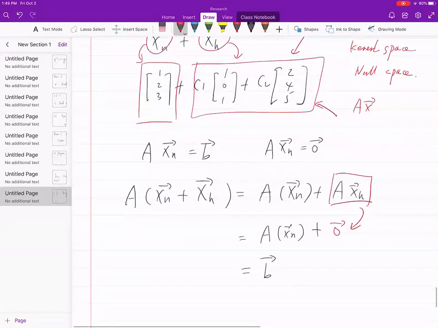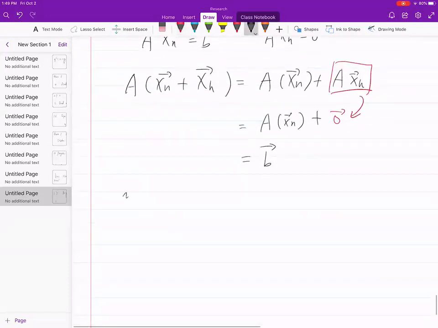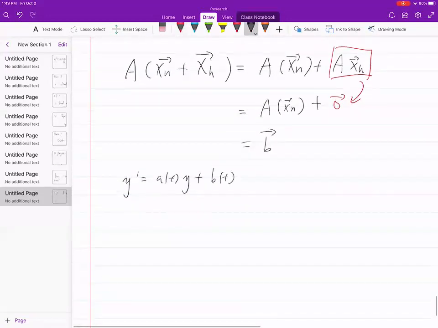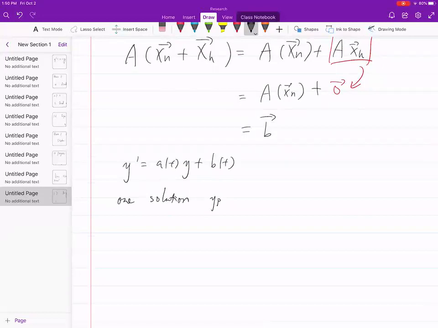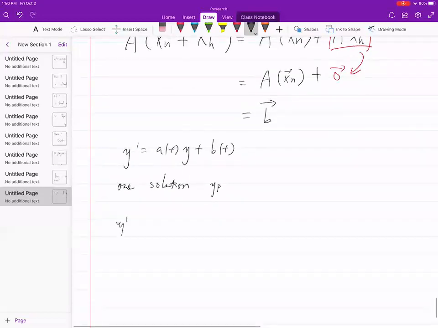Sounds good? We're going to apply exactly the same principle here for our differential equation. It's the same thing. So next time, if you want to solve this, how do you do that? Well, number one, I found one solution. Let's see the notes from the book. They call it YP, I don't know why. For this. Then you found another solution for the homogeneous case, which is YH.